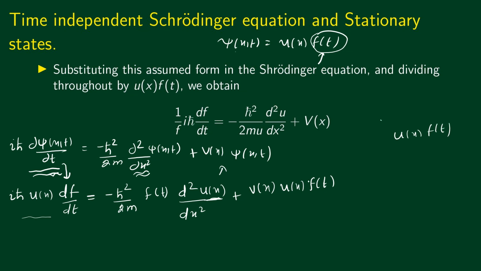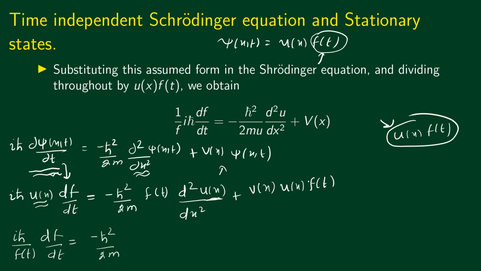So we divide throughout by u of x multiplied by f of t. Okay. So when we divide throughout by u of x multiplied by f of t, the u of x here gets cancelled and I have got i h bar divided by f of t, df by dt, is equal to minus h bar squared divided by 2m.